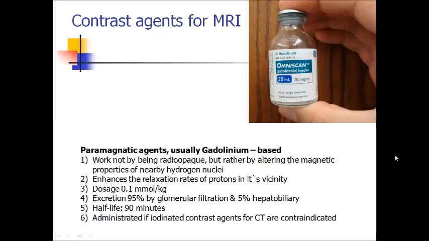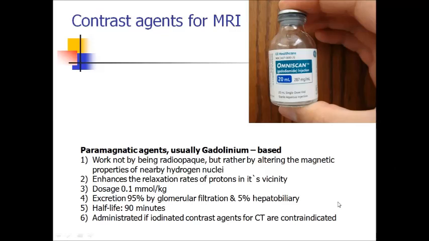Excretion is more than 90% by glomerular filtration and the rest by the hepatobiliary tract. But they are not so dangerous as iodinated contrast for CT, and usually cause much less complications.